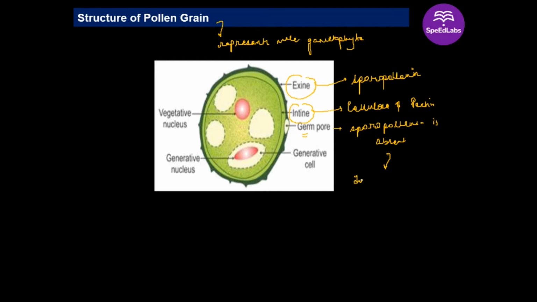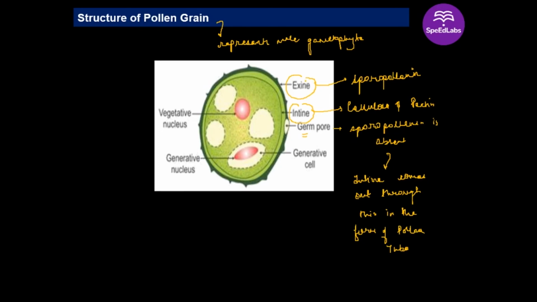So intine comes out through this in the form of a pollen tube.